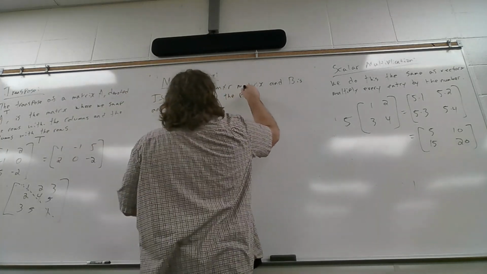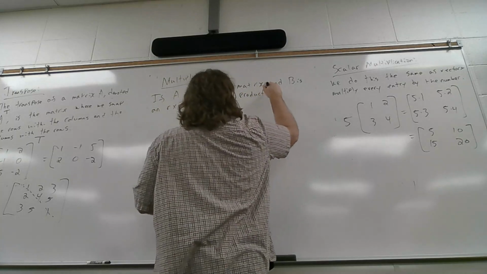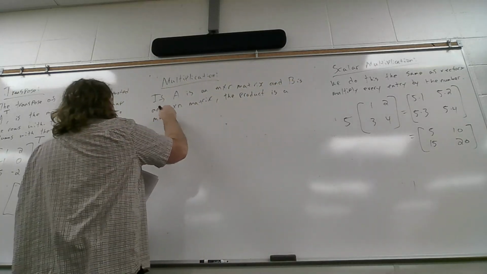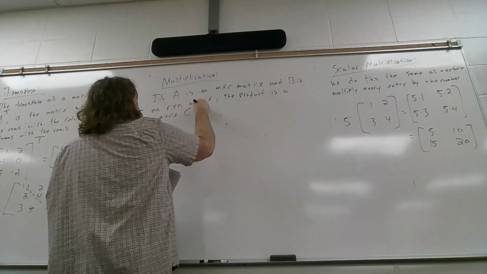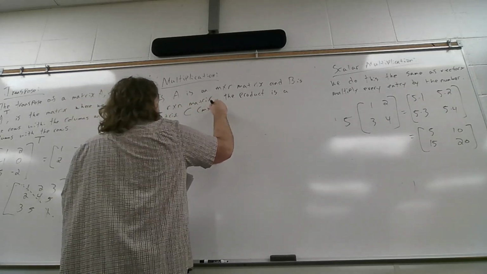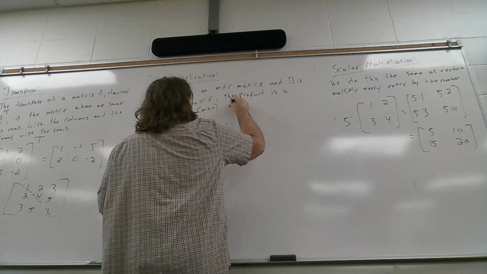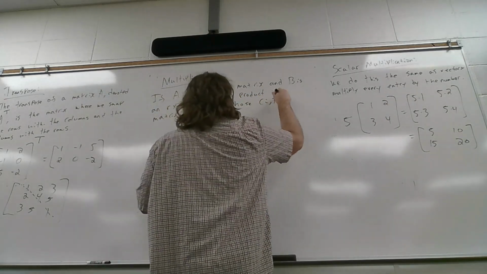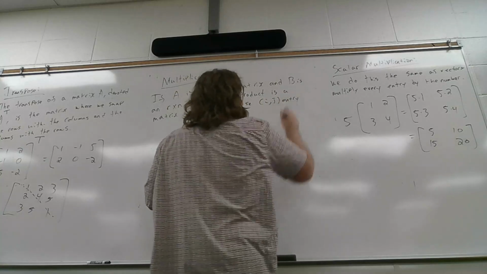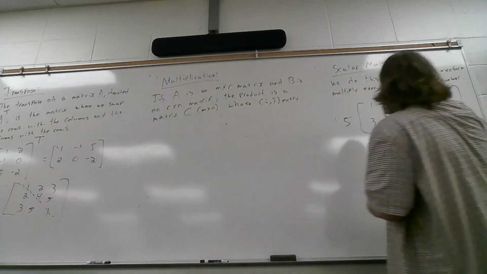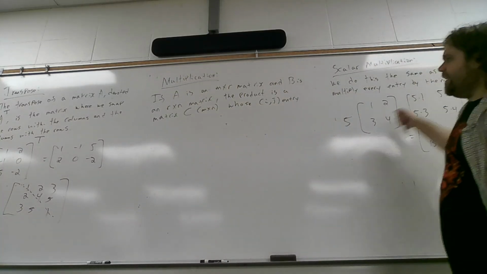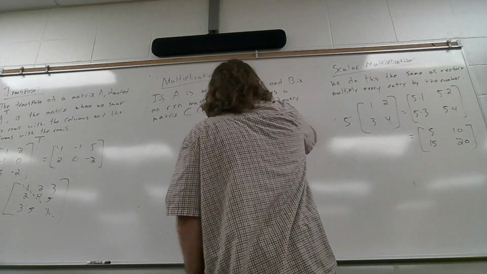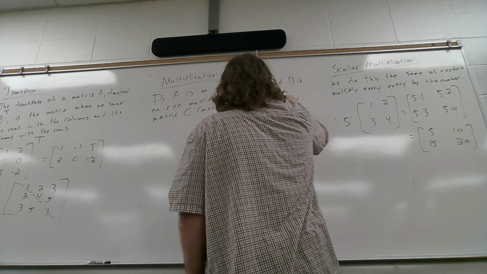The product is a matrix C. It turns out it's M by N, whose ijth entry, I know that sounds like a mouthful, but it's just saying, hey, pick one of these entries, right? We're indexing it with row I, column J. Remember, this is row, and this is column.